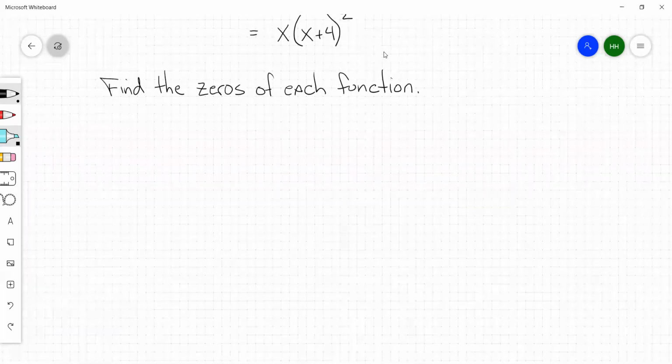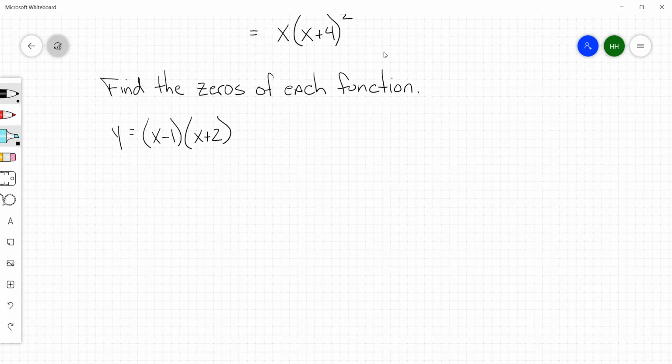We're going to find the zeros of the function, and they're giving you the function in factored form. So if you get the function y equals x minus 1 times x plus 2, this is the factored form of a polynomial. This is probably like x squared plus x minus 2.